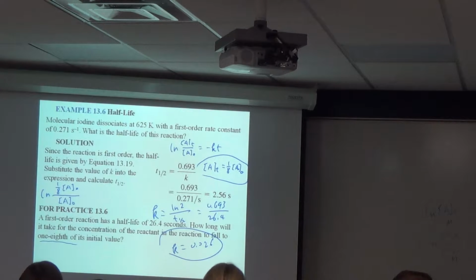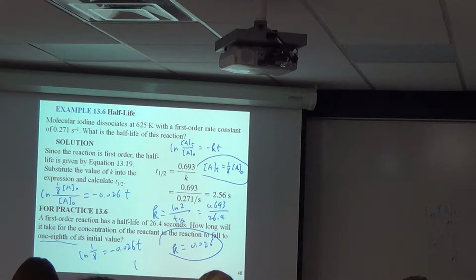Right, so let's keep writing. So this equals negative 0.026 times t, which we don't know, and you can find out what t is. The A0 cancels out on the left side, so you have ln 1/8 equals negative 0.026 times t.